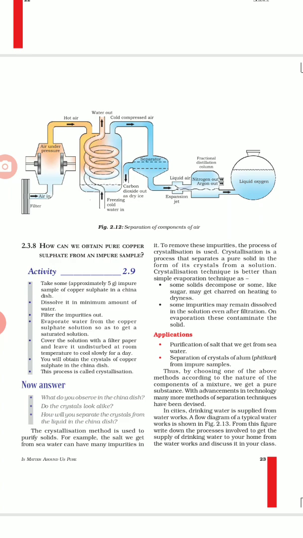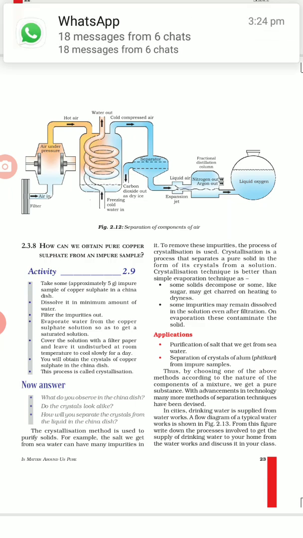We can separate them again, and very nice crystals of alum are seen after the process of crystallization. Thus, by choosing one of the above methods, we get a pure substance.